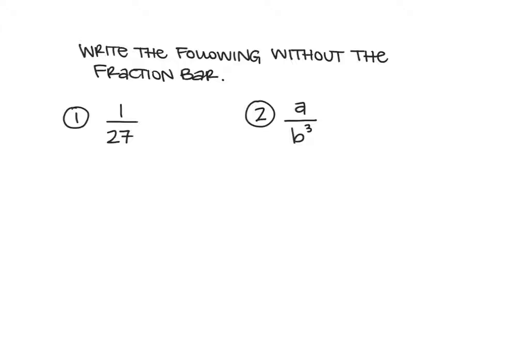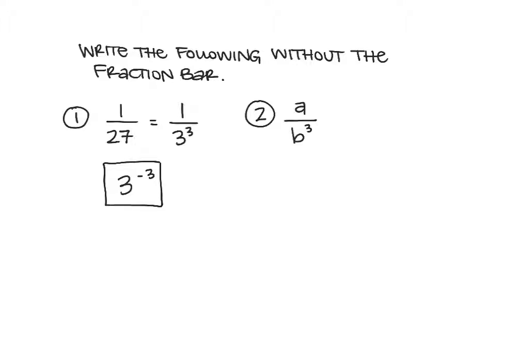So for example, number 1, where you have 1 over 27, well, we could also write that as 1 over 3 to the 3rd power, because 27 is the same as 3 times 3 times 3. And so if we want to get rid of the fraction bar, in other words, we don't want to have this as a fraction, we could write that as 3 to the negative 3rd power.